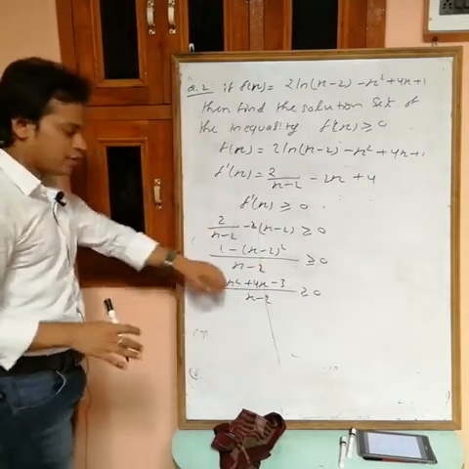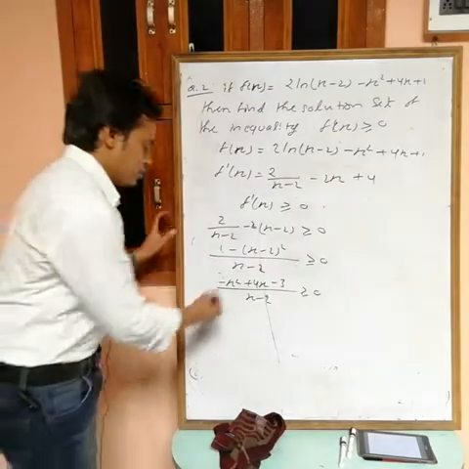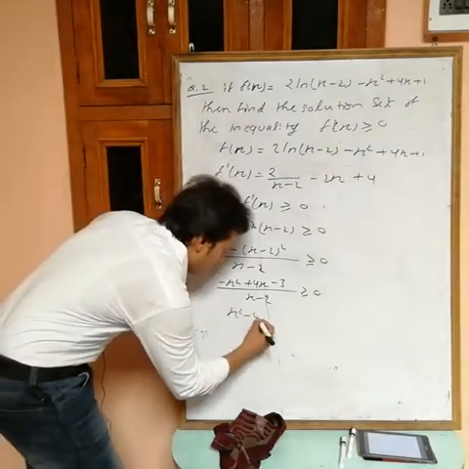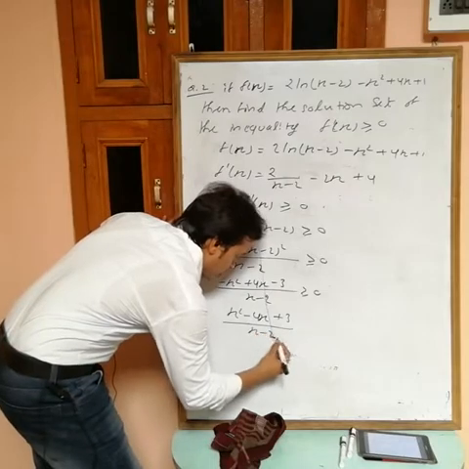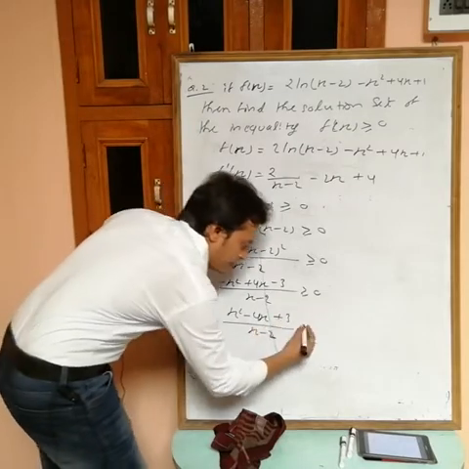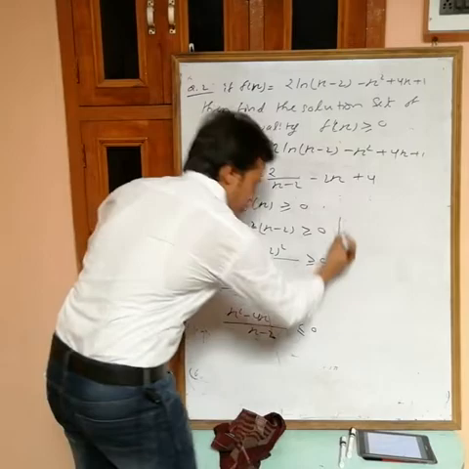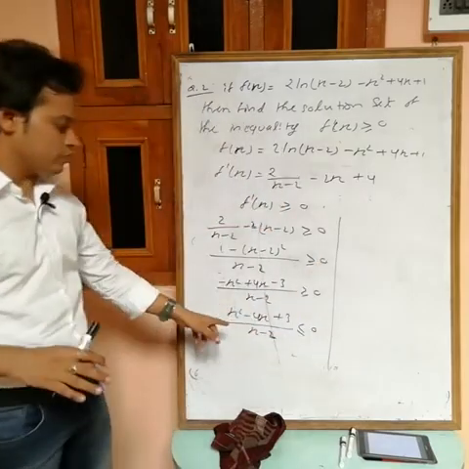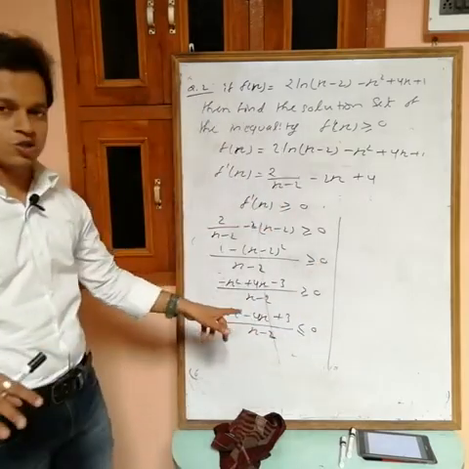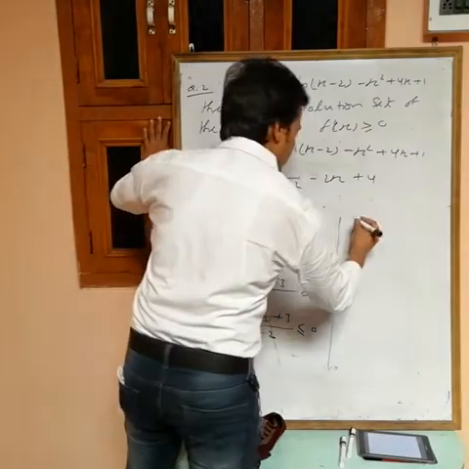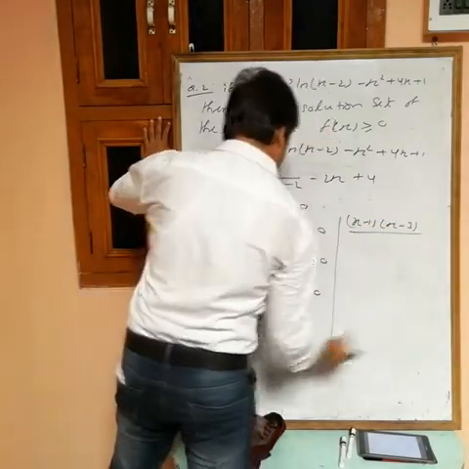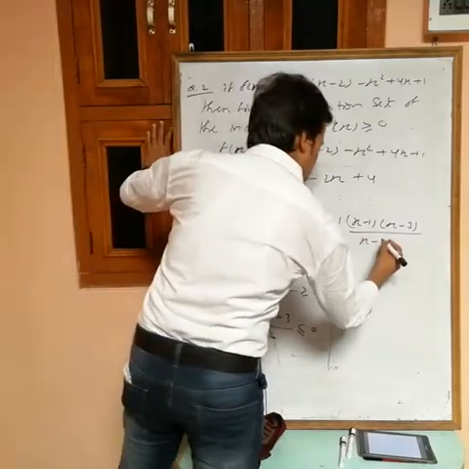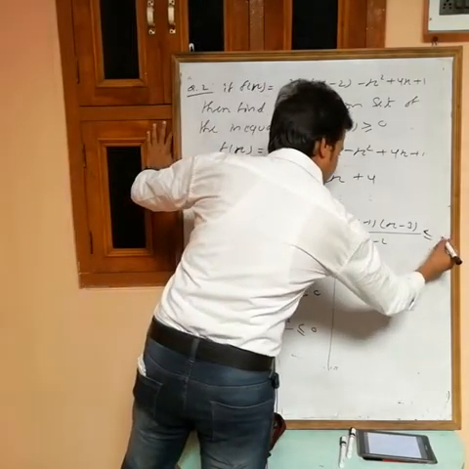To solve this, I take common minus and multiply, so this becomes (x² - 4x + 3)/(x - 2). Taking common minus to the other side, we have to change the sign of the inequality. Now factorize x² - 4x + 3. What is the factorization? (x - 1)(x - 3) over (x - 2) ≤ 0.